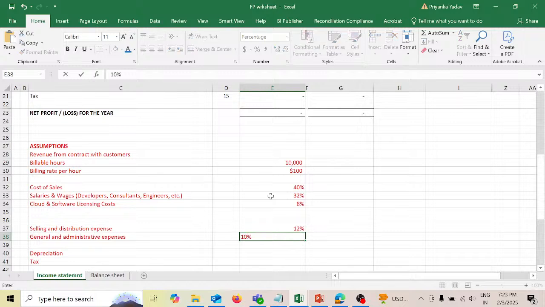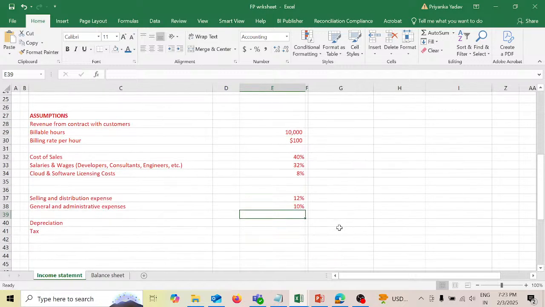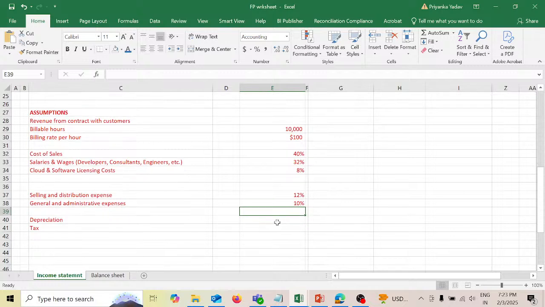Selling and distribution expenses, we are assuming to be 12% in the next year, and general and administrative expenses 10%. Depreciation, here we are charging 10%. This is fixed, in the sense that whatever is charged this year, the same will be charged if we are following the straight line method.